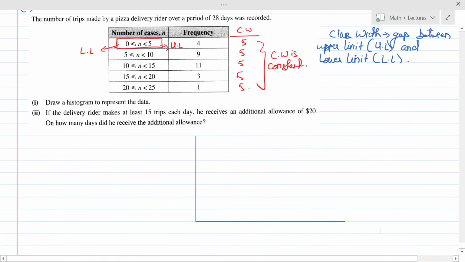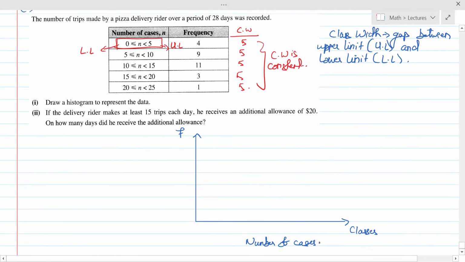The vertical axis would always be representing the frequency, and the horizontal axis will always be representing the classes. Here the classes are the range of values of number of cases.